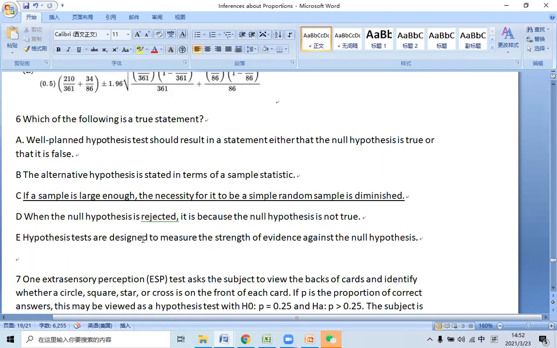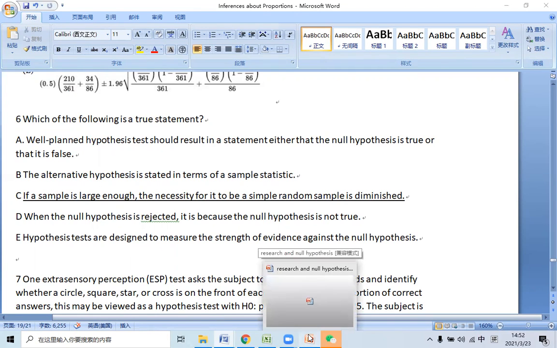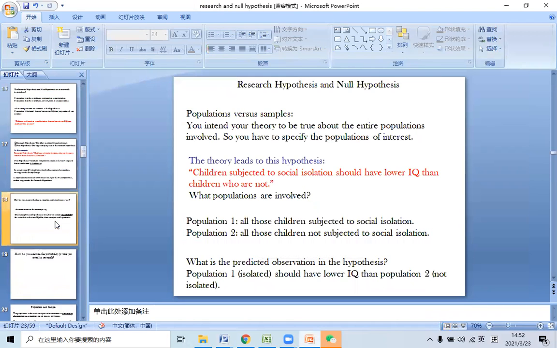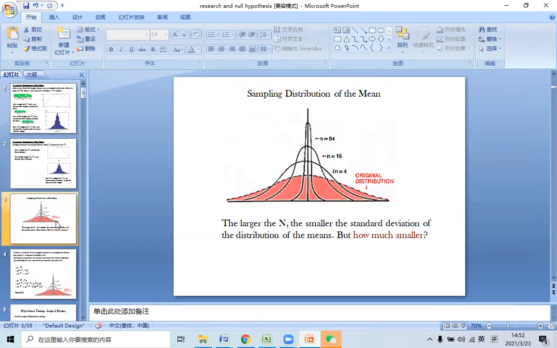Large samples will give you a smaller variability. The normal curves will be narrow. But that doesn't mean that you will have an unbiased estimate.